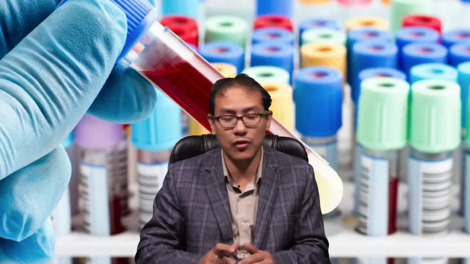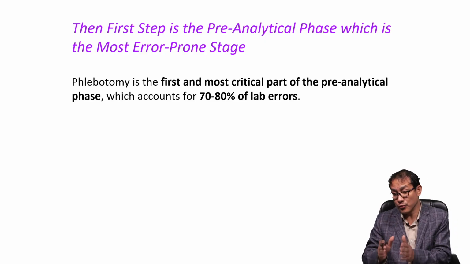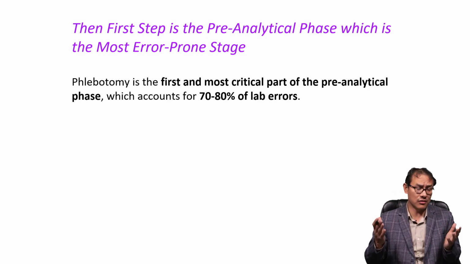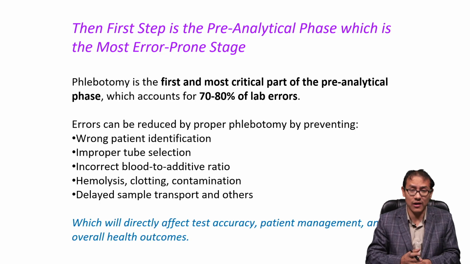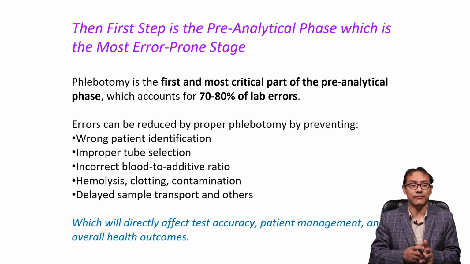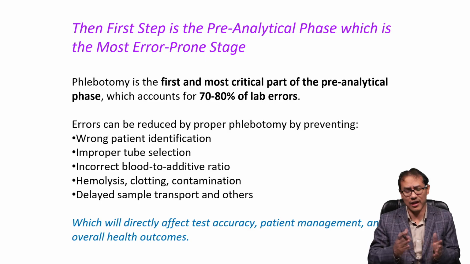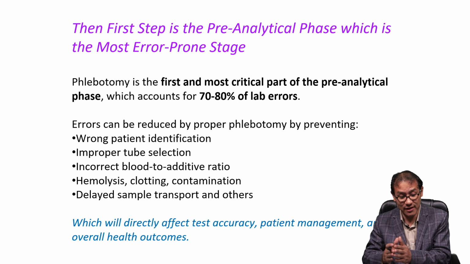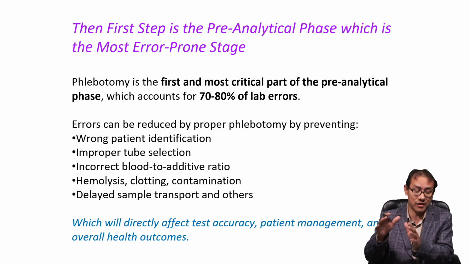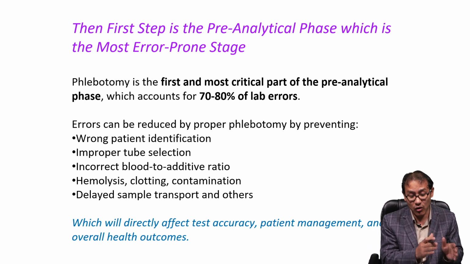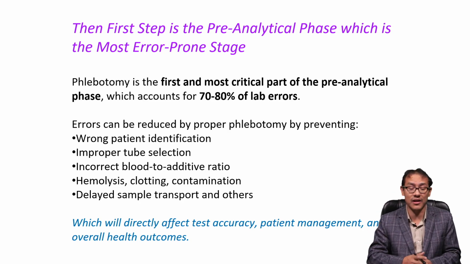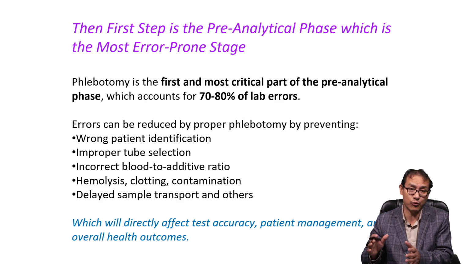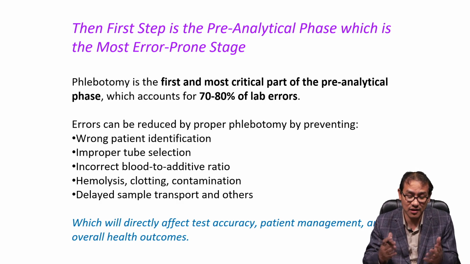As I already emphasized, the pre-analytic phase is very important. It is the phase in which you come into the picture, because 70 to 80% of lab errors already occur there, and you can reduce them by avoiding many mistakes, for example wrong patient identification, improper tube selection, incorrect blood to additive ratio, hemolysis, clotting, any kind of contamination, delayed sample transportation and other things, including infection.